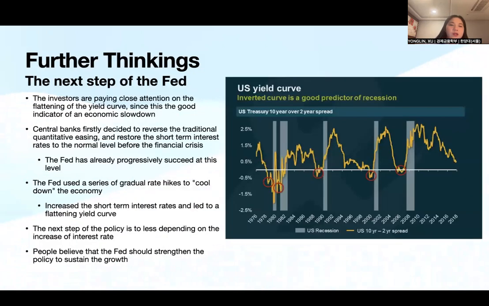And based on this case, I had some further thoughts about it, which is that first, investors are paying close attention to the flattening of the yield curve, since it is a good indicator of economic slowdown.